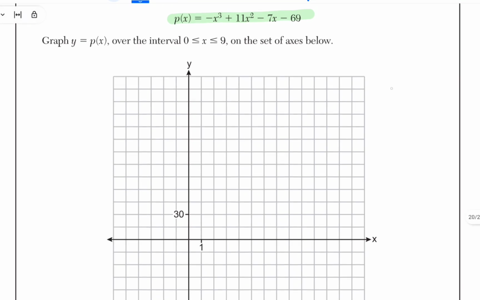So we have x and we have y. So we have 0, 1, 2, 3, 4, 5, 6, 7, 8, 9. And these are the values that we should have.